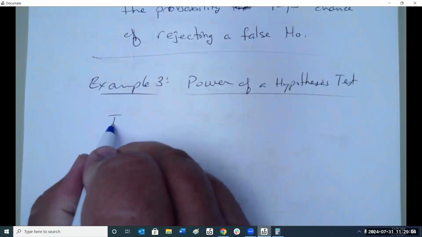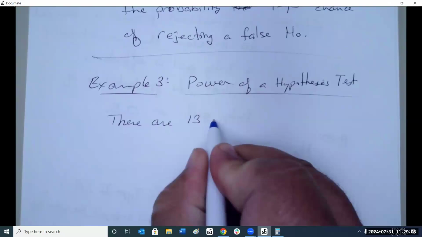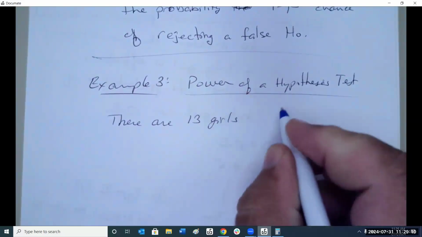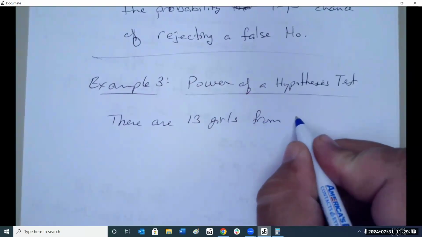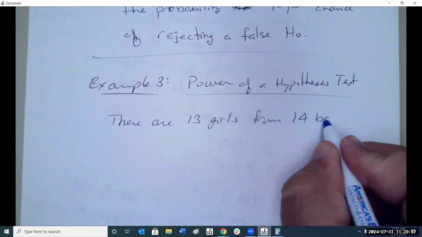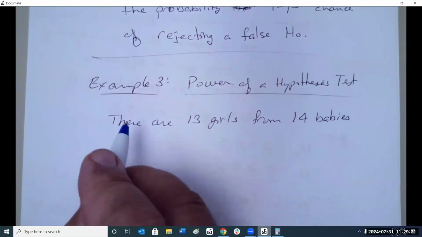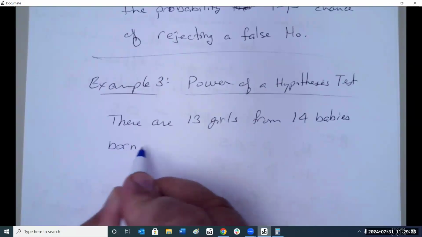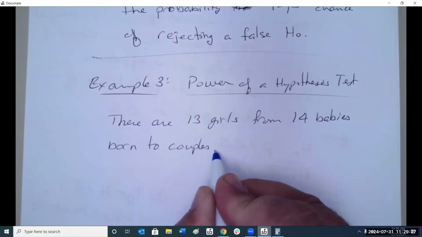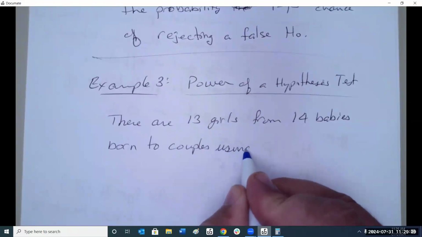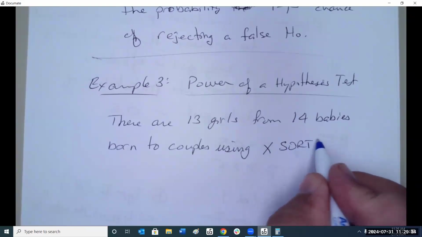There are 13 girls from 14 babies born to couples using the XSort method.